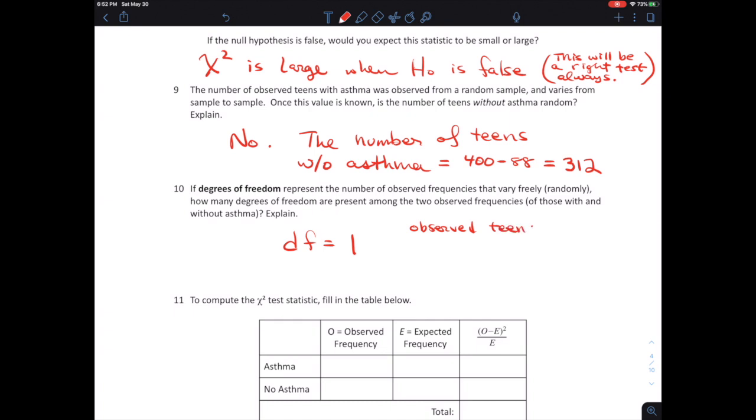The observed teens with asthma is random, but not those without asthma.